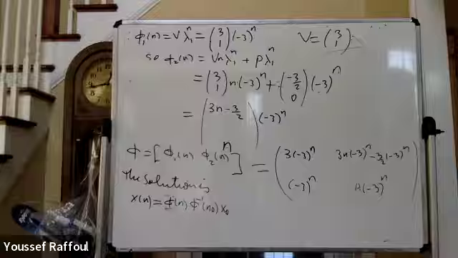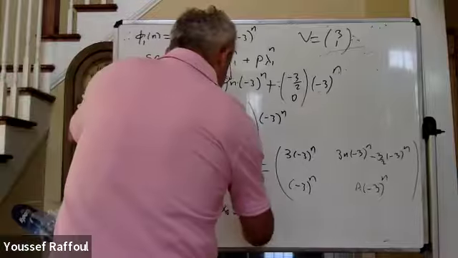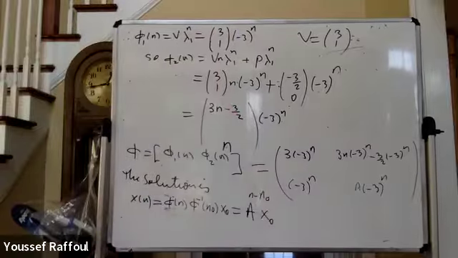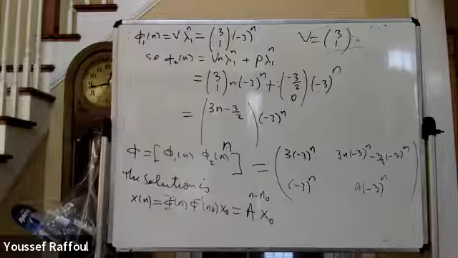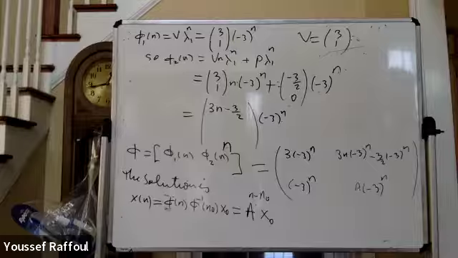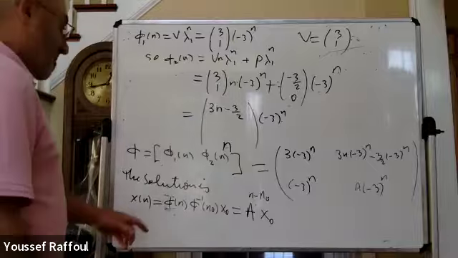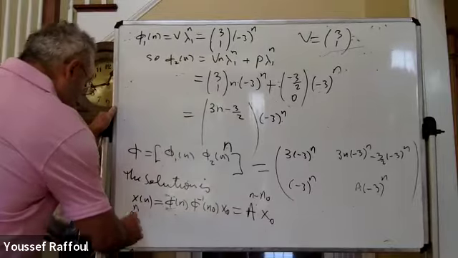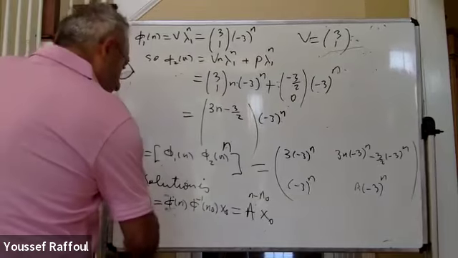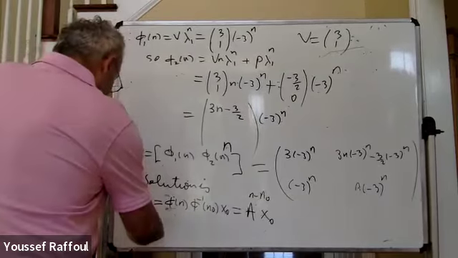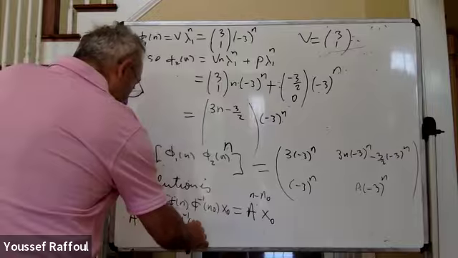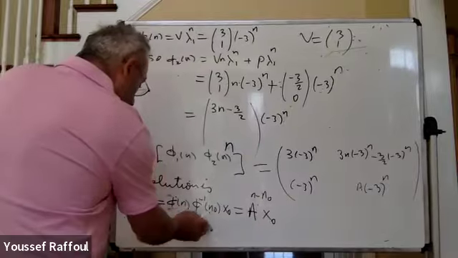So basically A to the n is phi of n, phi inverse of n naught, not x naught.